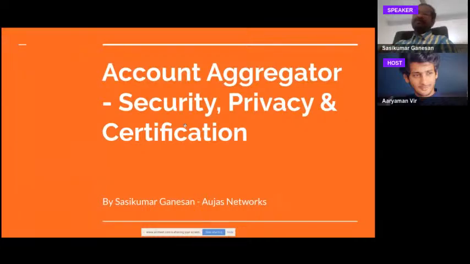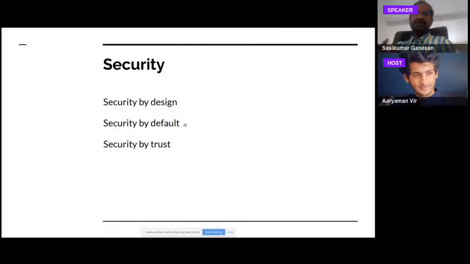Okay, guys. We'll speak about the account aggregators, security design, privacy, and what we cover as a part of the certification as well. And account aggregator security is something a little unique in its nature, in that the design for it started from day one when we put across the paper for account aggregation.